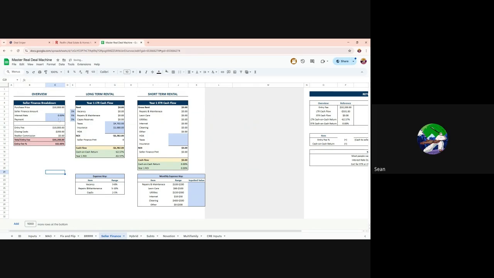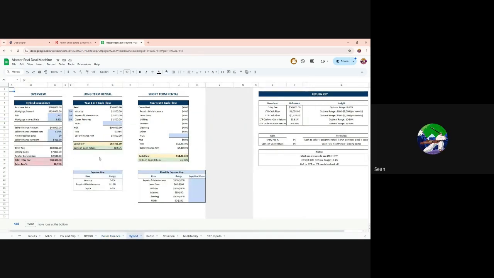Okay. And what are we giving them monthly? Oh, this is a hybrid. Hold on a second. I don't need the tax and insurance. What's the PITI? 1989. Okay. What's the interest rate? 2.5. That's actually really good.